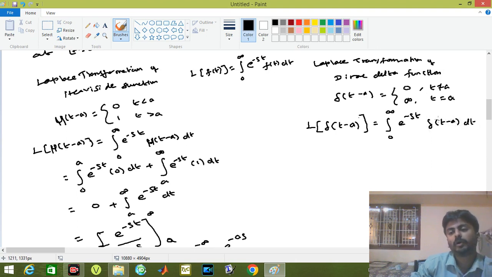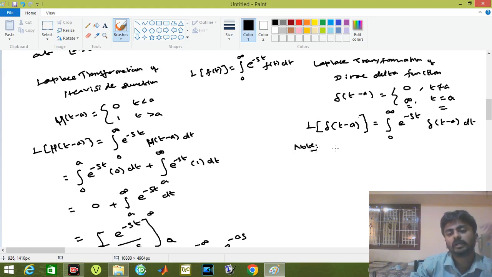But we know that only at t equal to a there is a value, but actually this is not a function. Okay, do you see really any function having the value infinity? Actually, it is not a function. Also, it is not differentiable too, because we are having a special note, so you can also take this note.